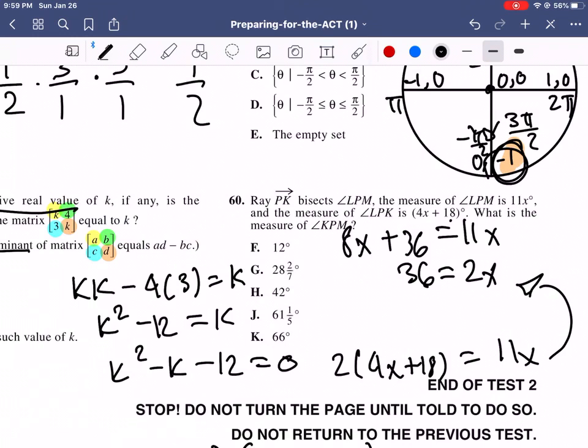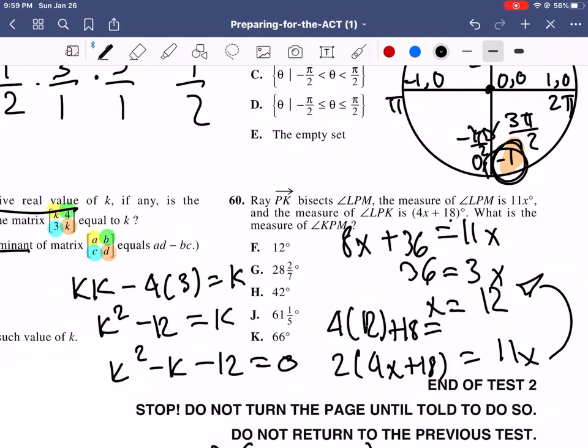Oh, wait, I'm so stupid. 11 minus 8 is 3. 3x equals 36. X equals 12. If x equals 12, then 4 times 12 plus 18 equals 66. Okay, that's K. Okay, I'm done.